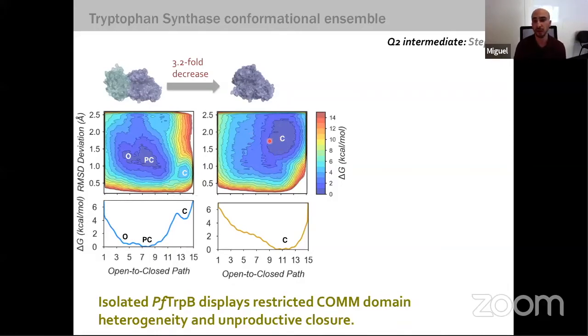Additionally, these closed conformations deviate strongly from the original path generated, with RMSD values around 2 of deviation, and a structural comparison of these two states indicates that the isolated system performs unproductive closure.